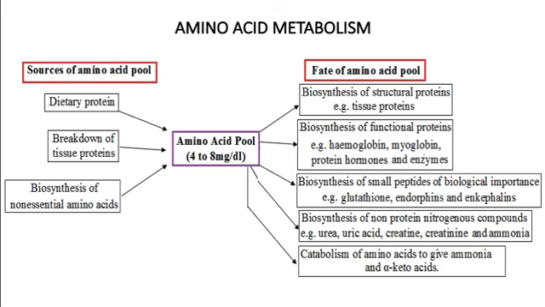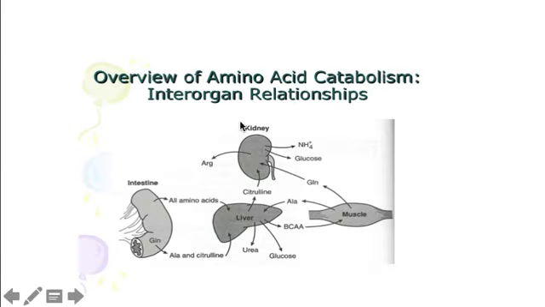Now when we look at the overall catabolism of the amino acids, it's an inter-organ relationship. In the intestine, the amino acids are absorbed and taken into the liver. Similarly, from the intestines, glutamate gets transported as alanine and citrulline and enters the liver.